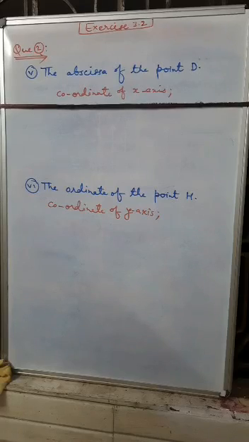So the coordinate of B is equal to (-5, 2). So first we will write the coordinate of x axis, -5, and the coordinate of y is equal to 2, and they are intersecting at B. So the coordinate of B is equal to (-5, 2).